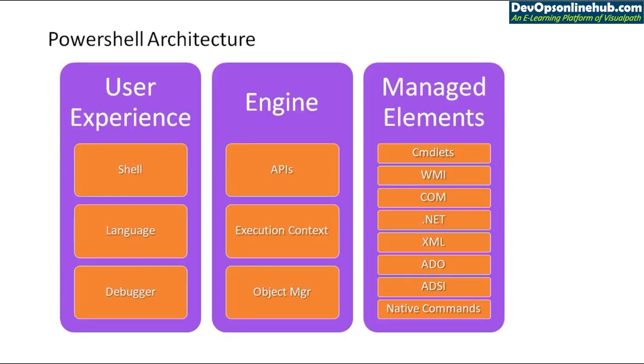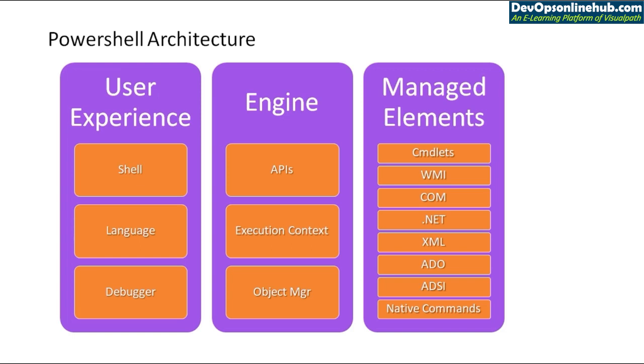Before writing a PowerShell file, we also have to understand its architecture, right? How we have to write a PowerShell file, how we have to save it, and what happens when we execute it, everything we have to understand. So this is the PowerShell architecture.